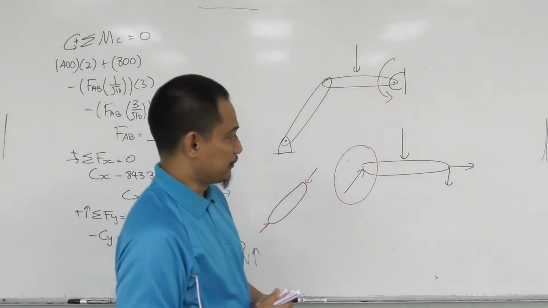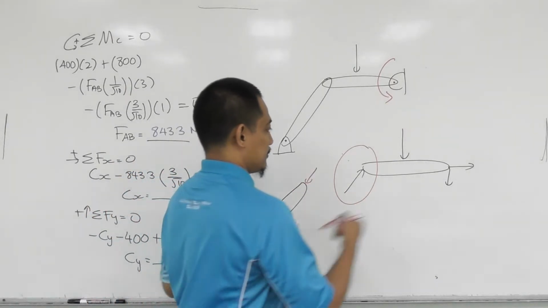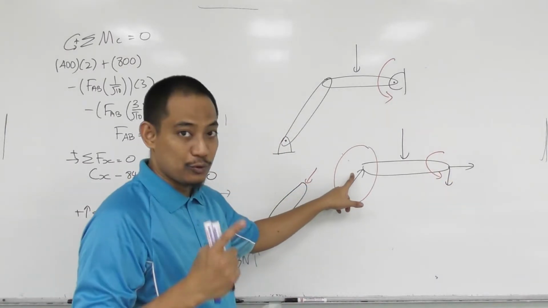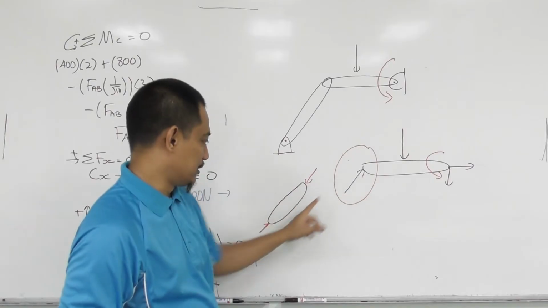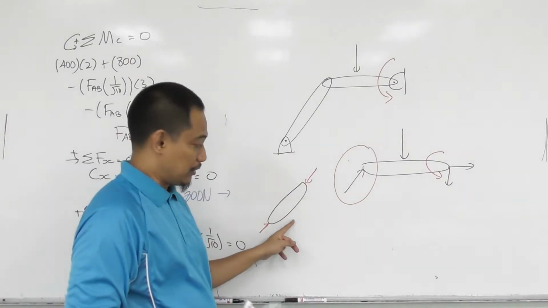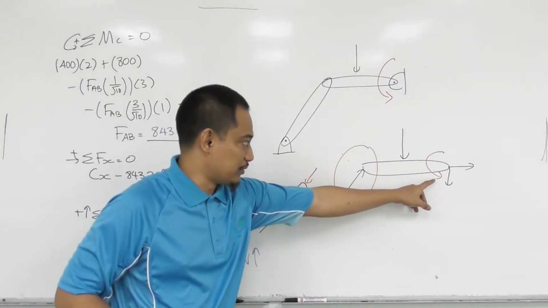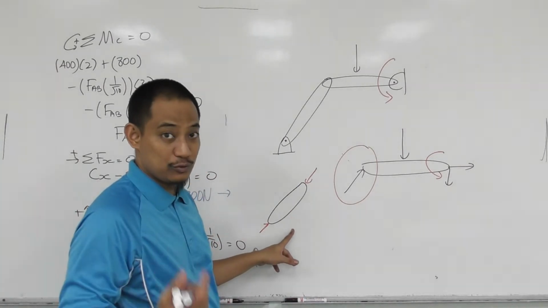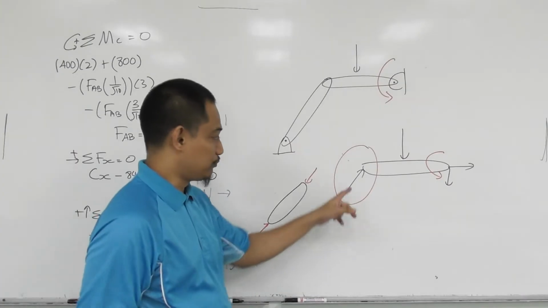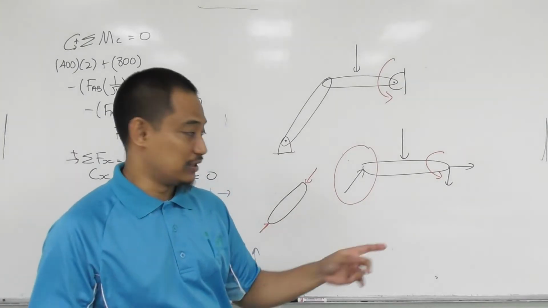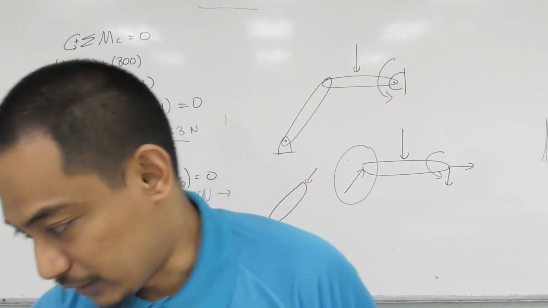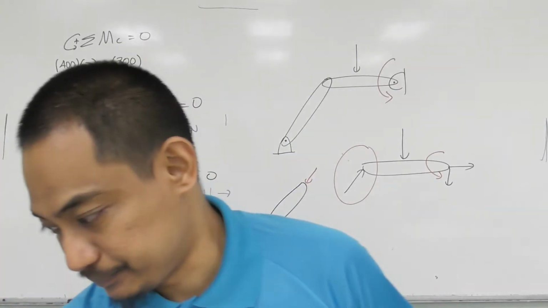Now, when you add a moment here, should you change it here? No. Why? Because this is a two force member. Does this two force member change when you add the moment? No, it still remains a two force member. So this force FAB will not change. It will still be like that. Hopefully you understand. Okay, next question.